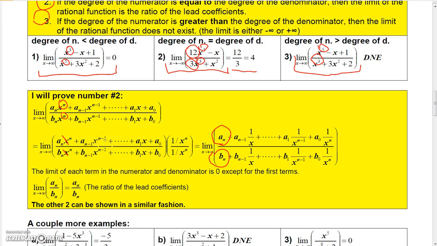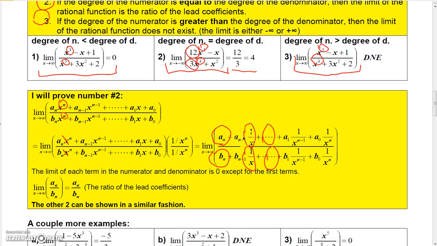Then when you multiply these other terms by 1 over x to the n, this n is going to be greater than these other exponents. So this term would be 1 over x in both cases, the next term would be 1 over x squared in both cases, the next term would be 1 over x cubed, and so on.